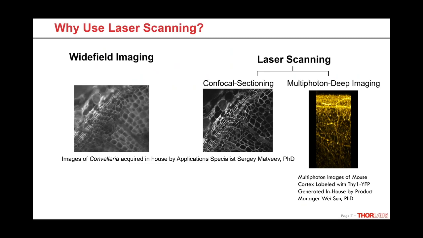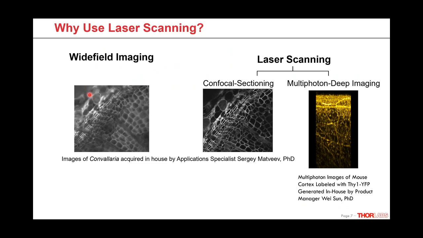No, instead, laser scanning is superior because it provides a foundation on which one can build higher level technologies. Today, I will be talking about two of those technologies, confocal imaging and multiphoton imaging. So confocal allows one to section the tissue, that is to exclude out of focus light.